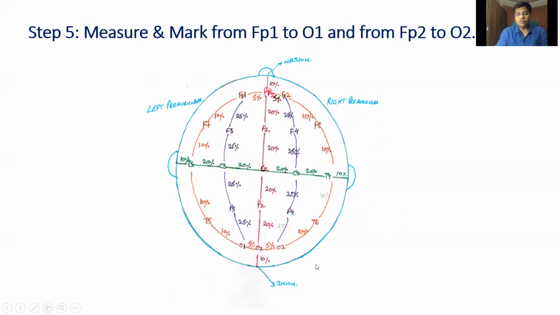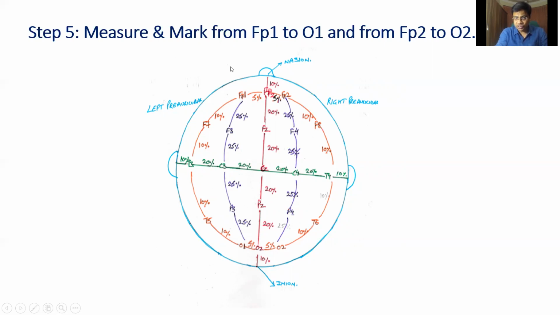So what we need to do is take an inch tape starting from FP1, passing through C3, moving towards O1. Suppose this is 28 centimeters, just an example. If it is 28 centimeters, FP1 to C3 will be 14 centimeters, obviously.